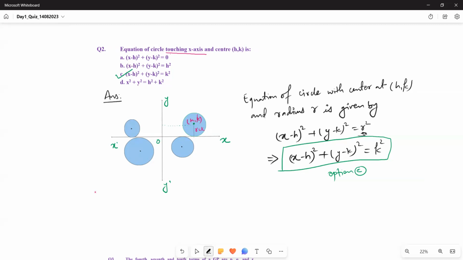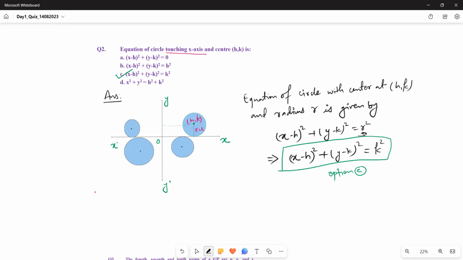But when you are doing it in an exam, when you have (h, k) as the center, if you put the values of x and y as h and k, it should not be satisfying.